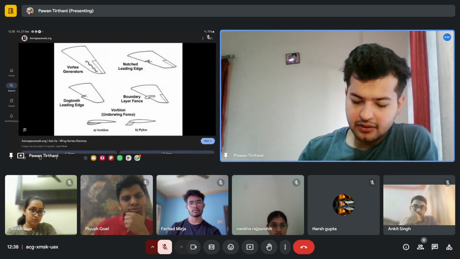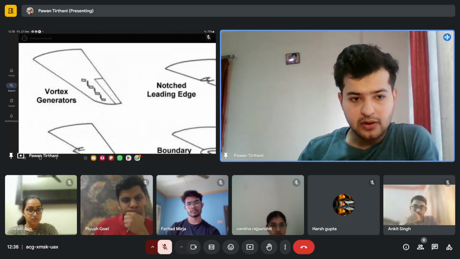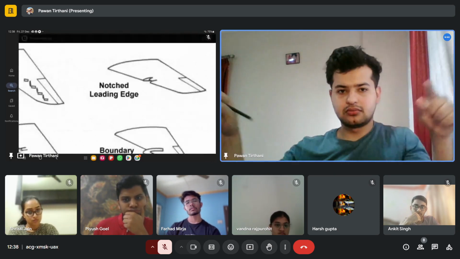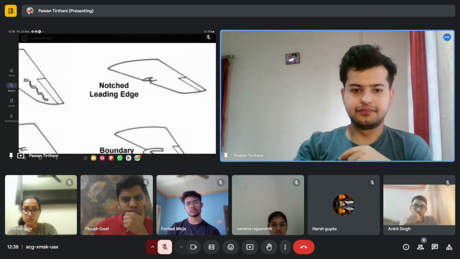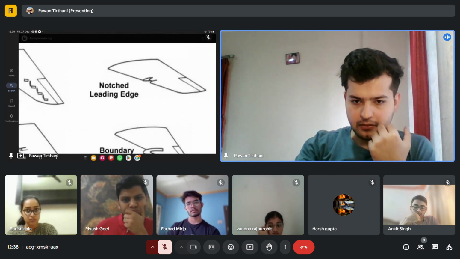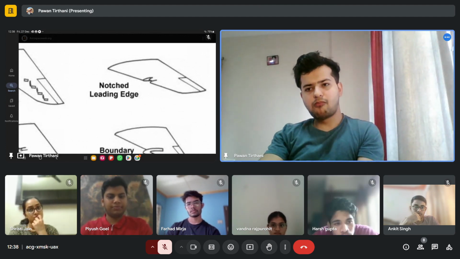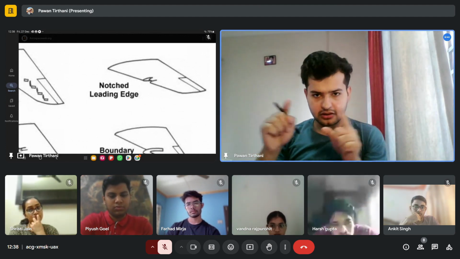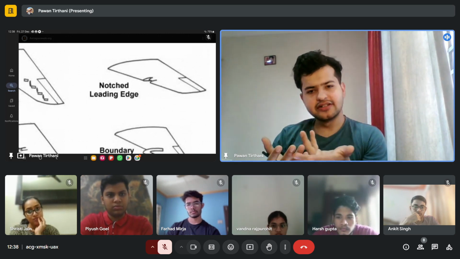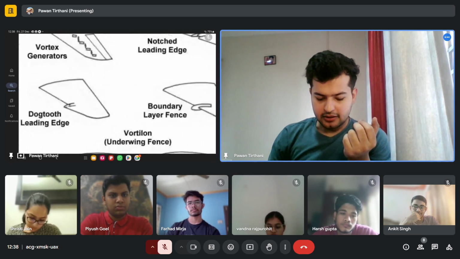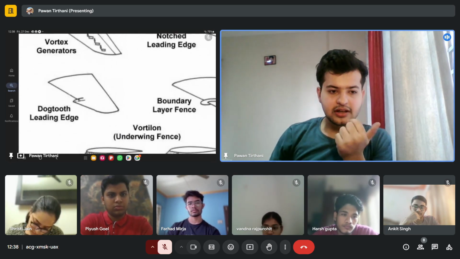Look at this. Vortex generators, 1. Notch leading edge. Leading edge में notch बना दिया. एक नॉच बना दिया. क्या होगा? इससे भी vortex ही जनरेट होगी. सेम थिंग. डॉग टूथ लीडिंग एज, डॉग टूथ या फिर सॉ टूथ.